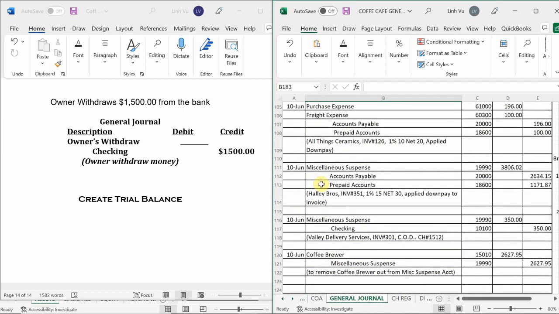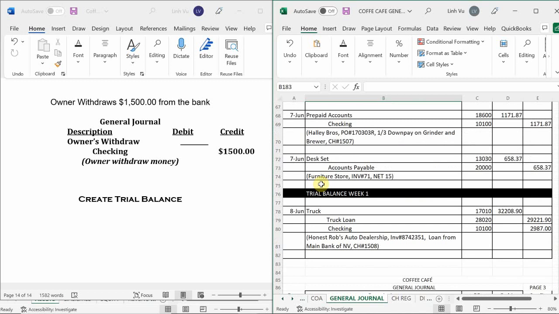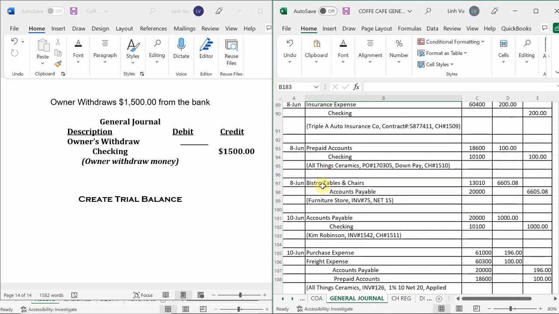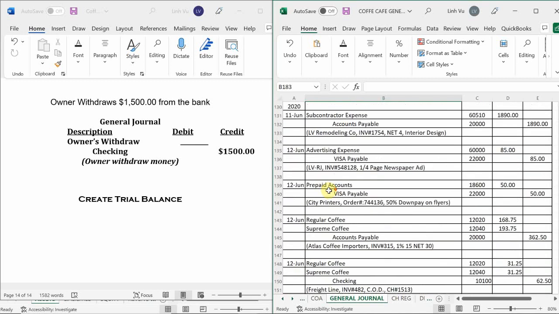My first trial balance came out equal, so I know for a fact the first 7 days of my transactions have no problem. They are accurate, right? That means my problem happens between the 8th through the 14th.